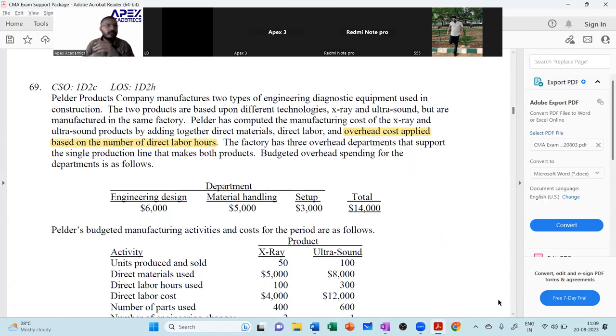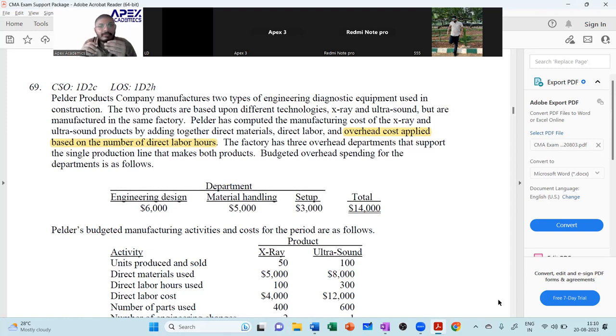Now let's come here. Pelder Products Company manufactures two types of engineering diagnostic equipment used in construction. The two products are based upon different technologies. The first technology is X-ray and the second is ultrasound. But they are manufactured in the same factory.